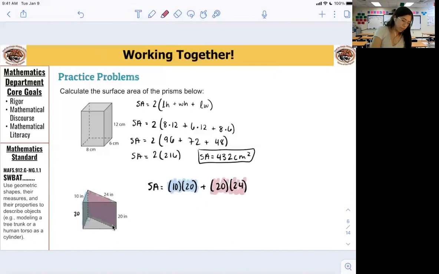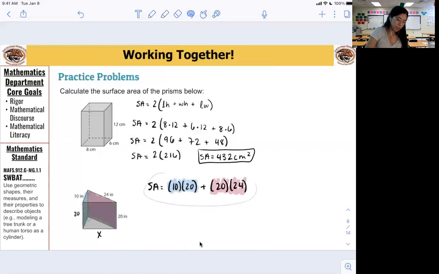Okay, so that's where we come to a bit of an issue because we don't know what that value is, but can we find it? You've said it before, kind of. The Pythagorean theorem.